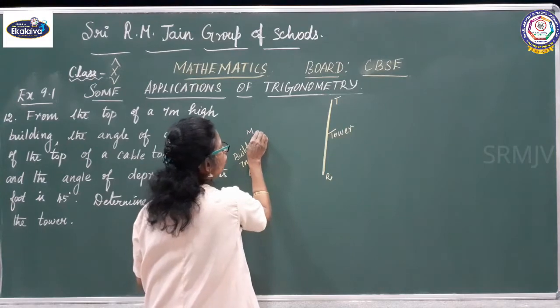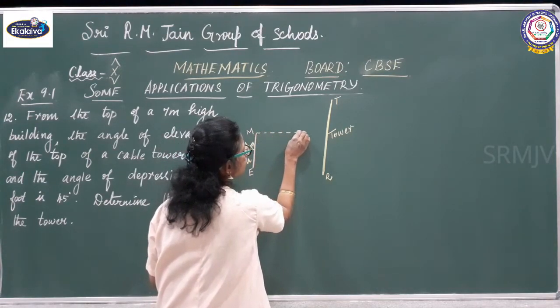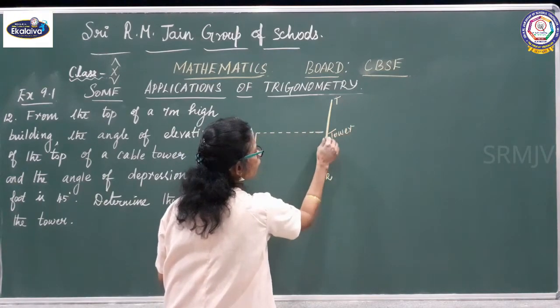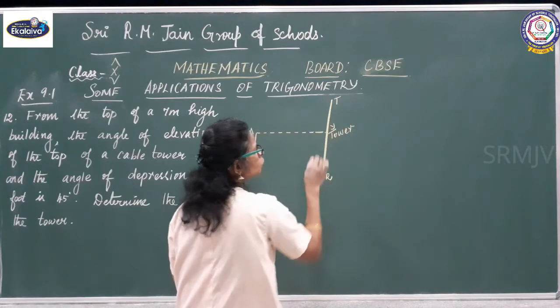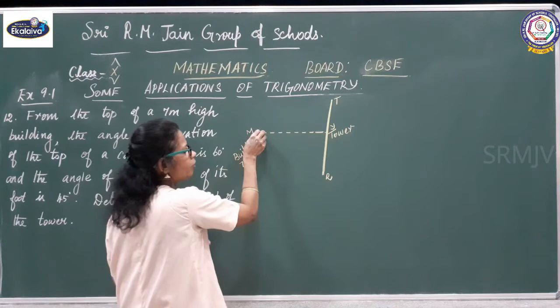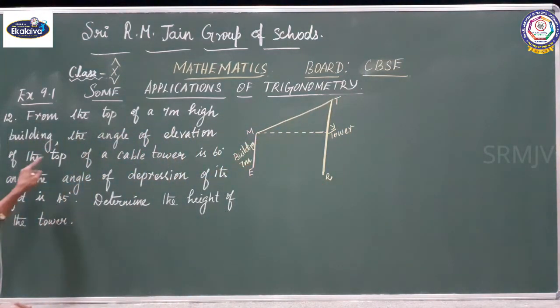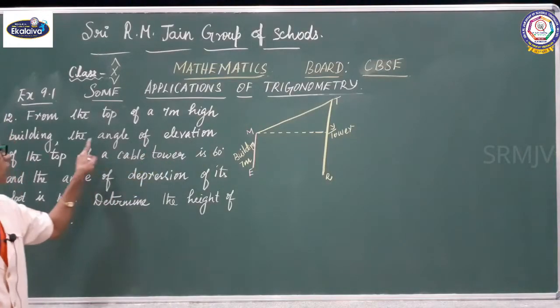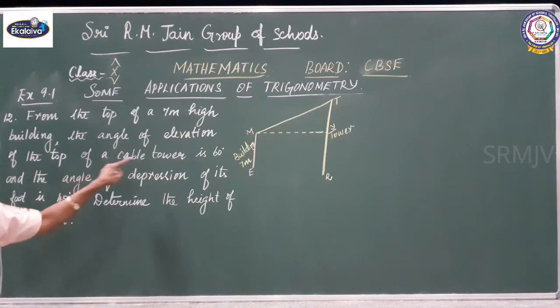You have to draw the horizontal line which is perpendicular to TR, that is Y. Now you have to connect, right? From M to T, they mentioned 60 degree. The angle of elevation of the top of a tower is 60 degree.